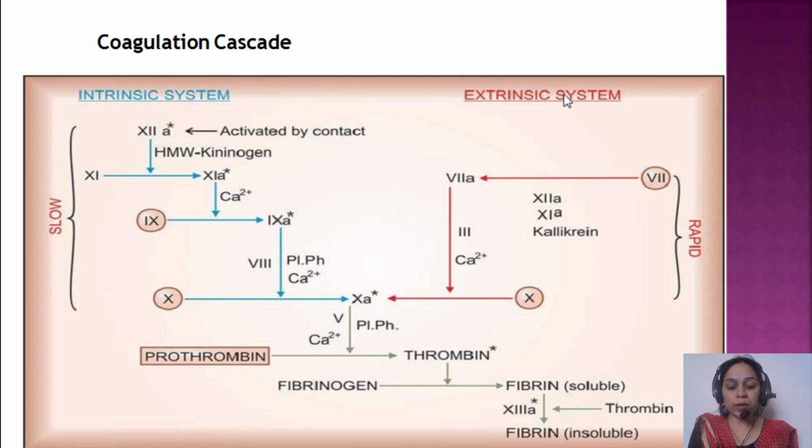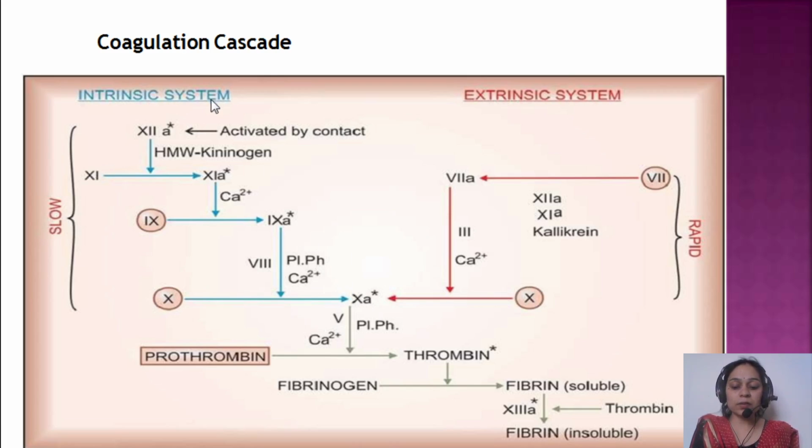In addition, initiation of the extrinsic pathway involves the activation of factor 7 to 7A, while factor 9A also catalyzes the conversion of factor 10 to 10A.